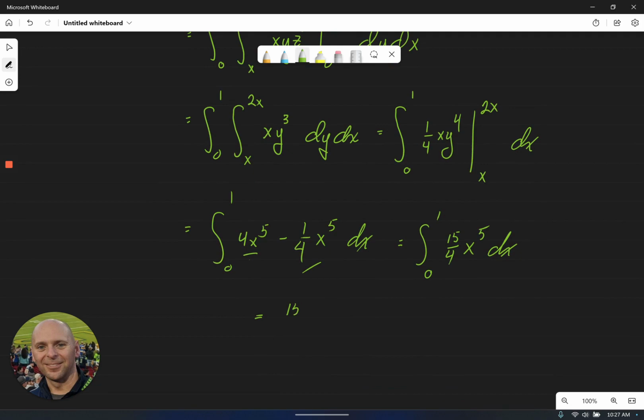I'm going to have 15 over 24 x to the 6th, and we're going to evaluate from 0 to 1. At 1, it's going to be 15 over 24, and at 0, it's 0. As always, we should simplify this down to 5/8. And there's the value of your integral.